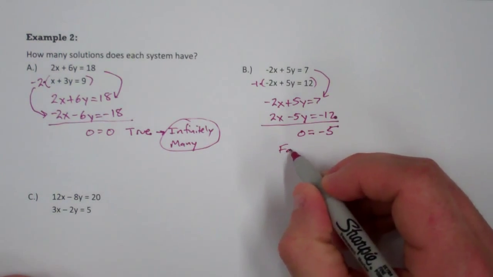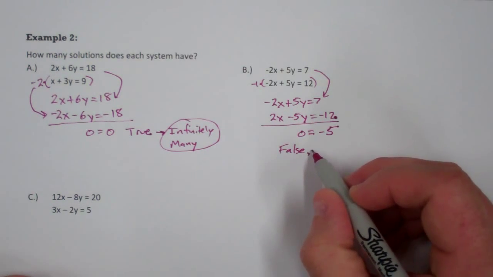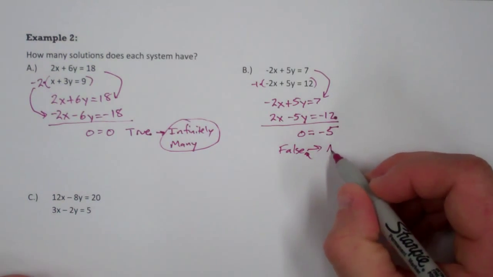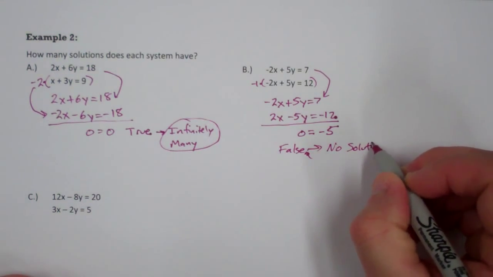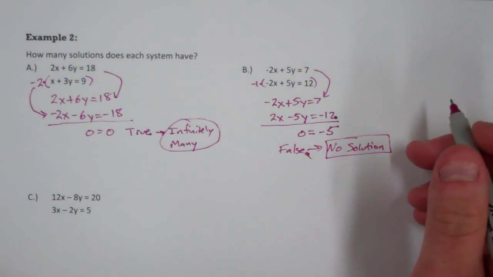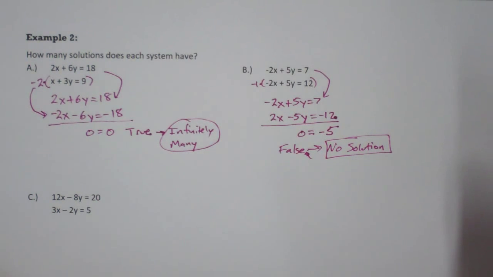This statement happens to be false. 0 does not equal -5. So what this means, maybe I should write an arrow here like I did in the last one, is that there is no solution to this system of equations. If you graphed each one of these, you'd find that they are parallel lines, but definitely not the same line. Because parallel lines don't have an intersection, there will be no solution to this system.